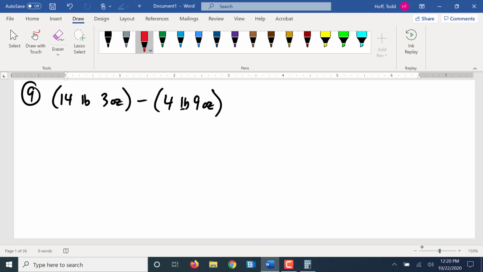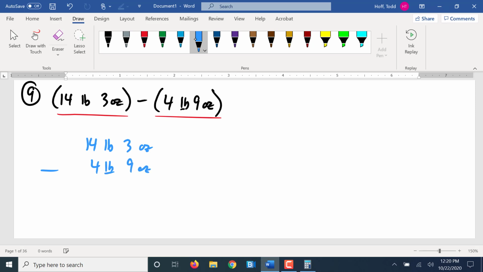Problem number 9, we're going to take 14 pounds 3 ounces and subtract 4 pounds 9 ounces. I like to set these up vertically just because it makes more sense to me. We subtract: 3 ounces minus 9 ounces can't be done, so we're going to borrow from the 14 pounds.